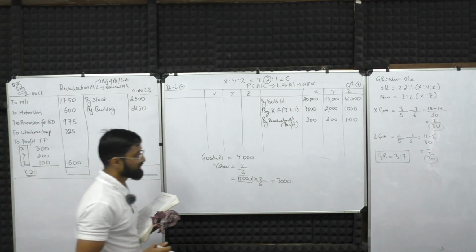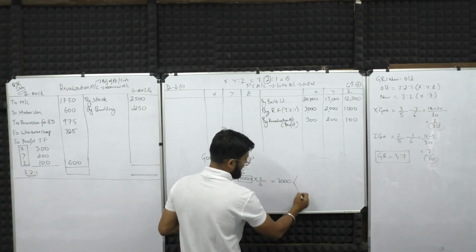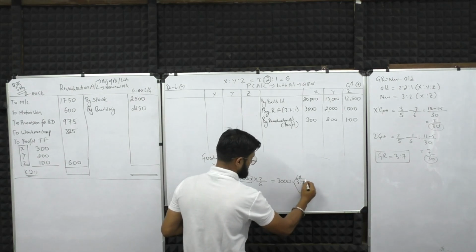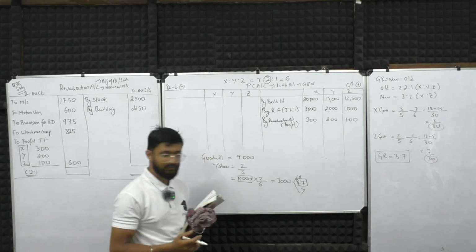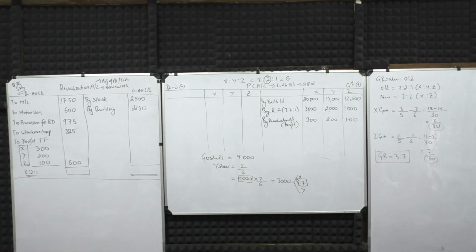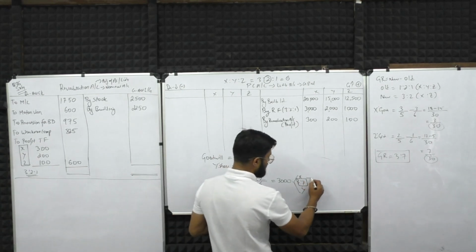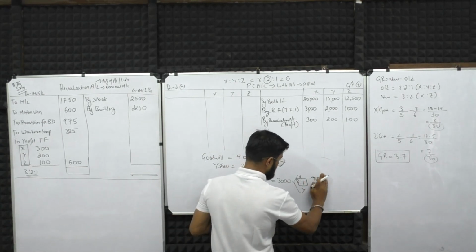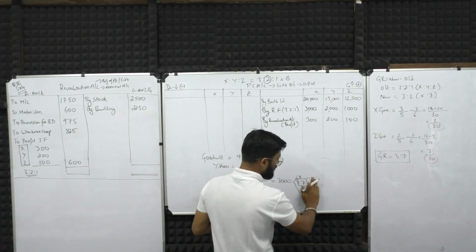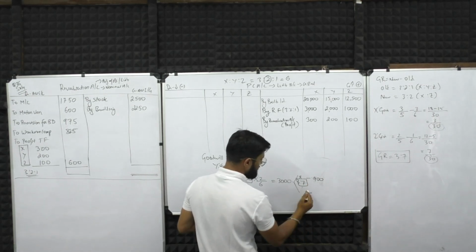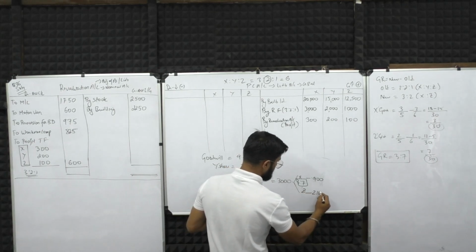So the 3,000 here, X and Z will give in the ratio 3 is to 7. X will give 900, and Z will give 2,100.